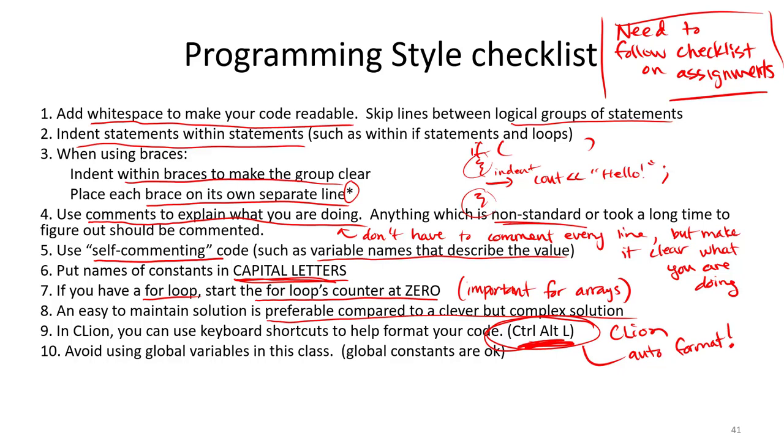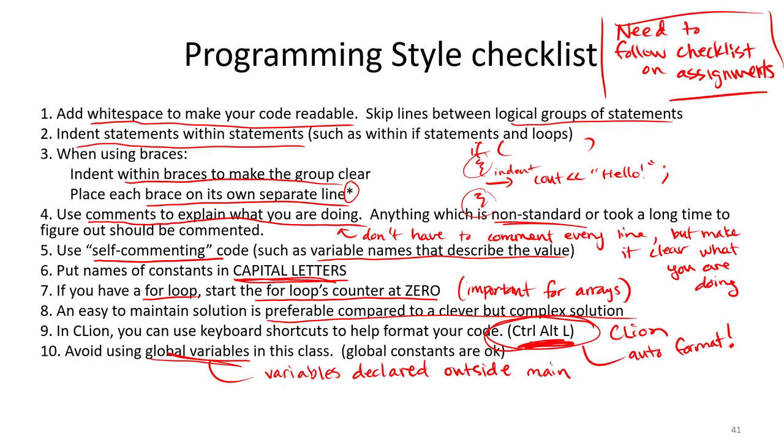And last item, we'll cover this more later on, but we want to avoid using global variables in this class. Global variables are variables declared outside the main function. So generally, we do not do this in our class, and we'll learn more about that later on.